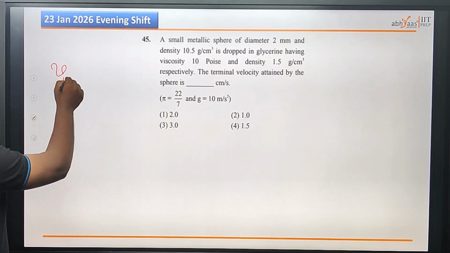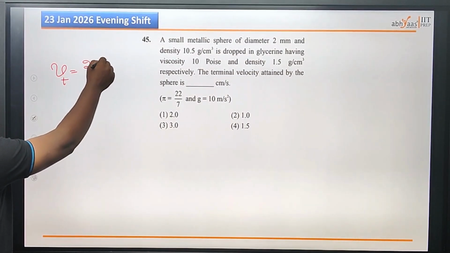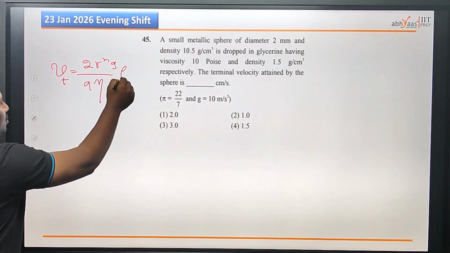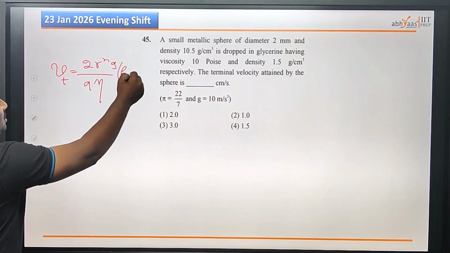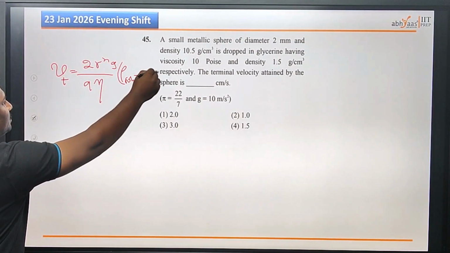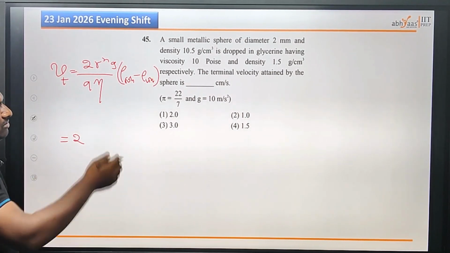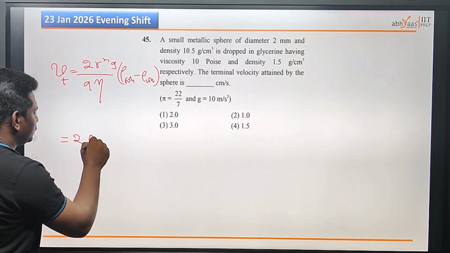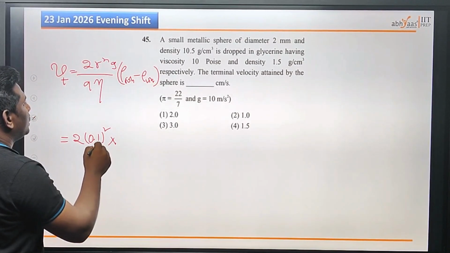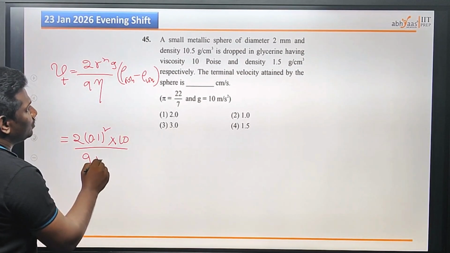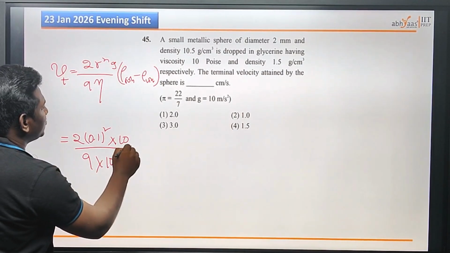Terminal velocity, very important formula: 2r square g by 9 eta times rho of solid minus rho of liquid. What is 2 into r? They have given diameter. I am writing r as 0.1, whole square, into g, that is nothing but 10, by 9 into eta, that is 10 poise.